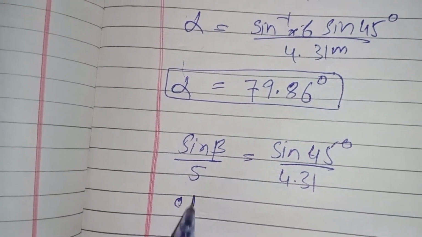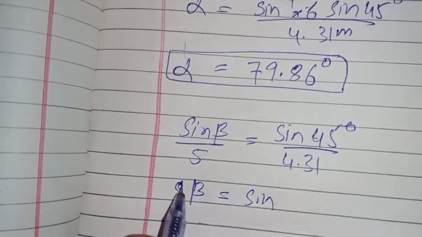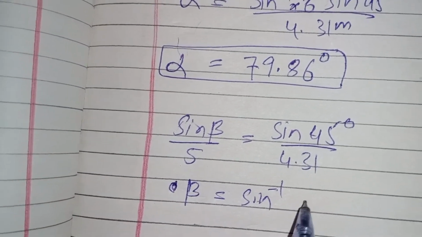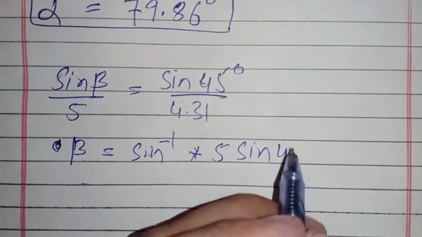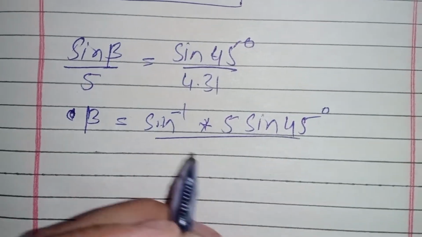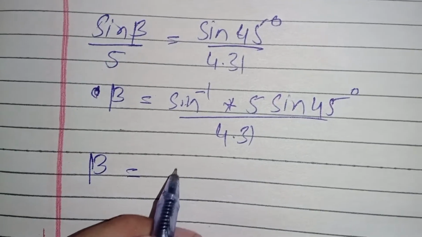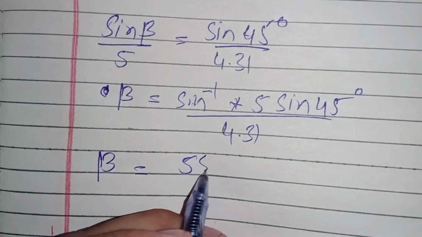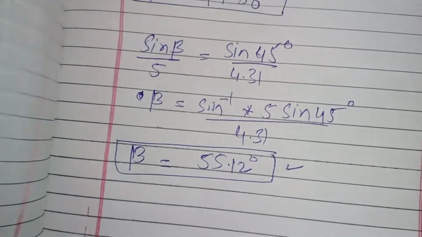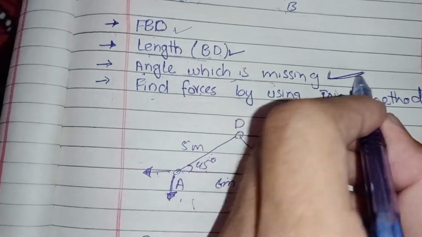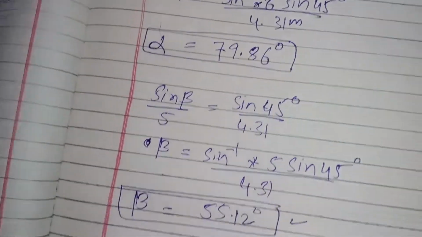So I will directly write beta equals sine inverse of 5 sine 45 divided by 4.31. So beta will come 55.12 degree. The third step has also been done.